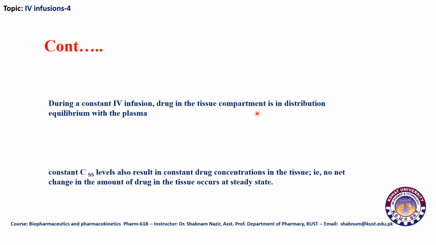Constant steady state concentration also results in constant drug concentrations in the tissues. No net change in the amount of drug in the tissue occurs at steady state. Now, this is another issue: for these drugs we have to wait some time for the drug to attain its equilibrium after the distribution phase, because if equilibrium isn't established yet, there is a chance that the so-called steady state level might exhibit further changes.